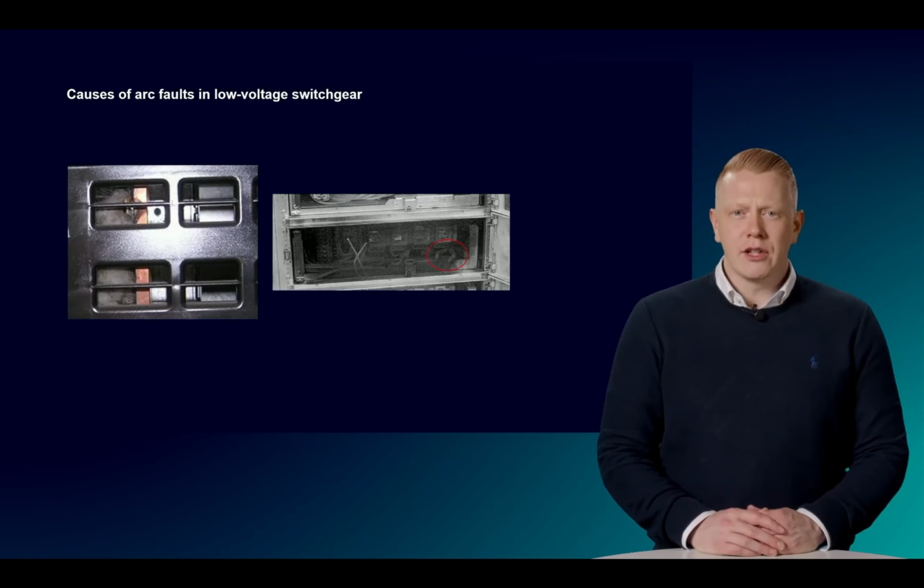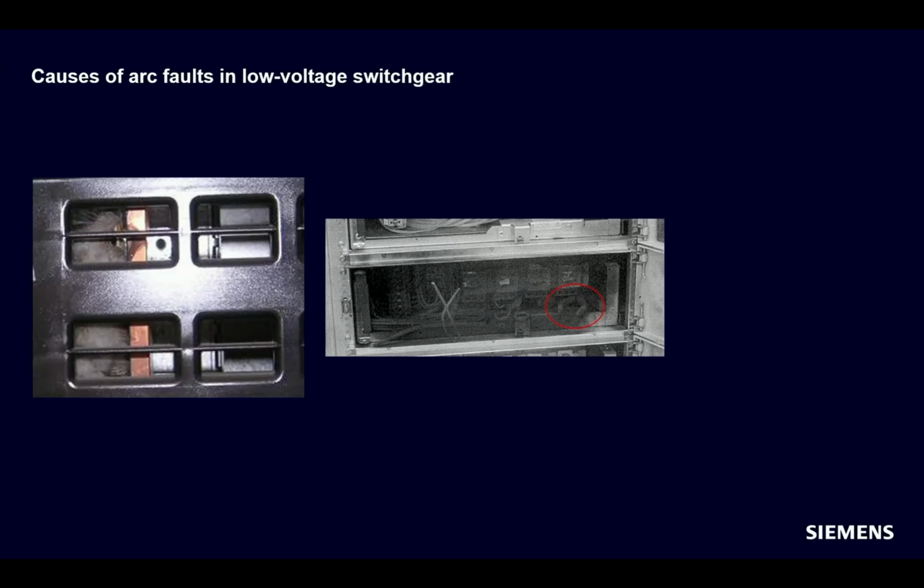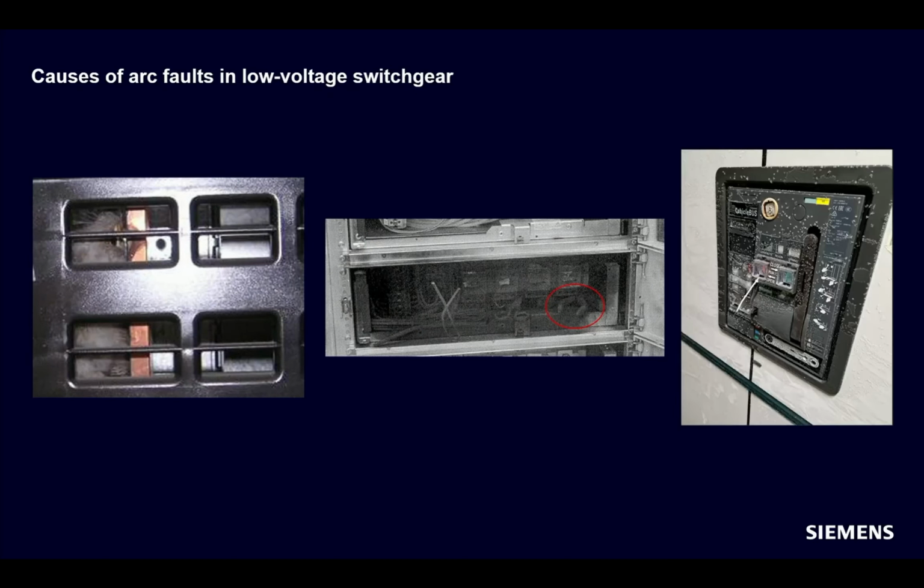However, handling errors are also a possible source of risk. For example, incorrectly carried out maintenance work or non-compliance with the environmental conditions for which the system is designed. Like in this example, a system that stood in the building without windows and heating and is iced over.